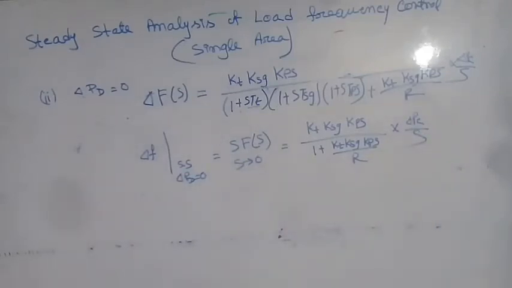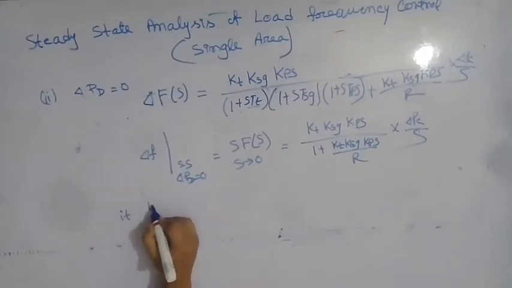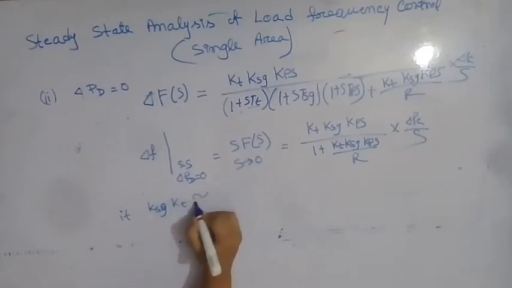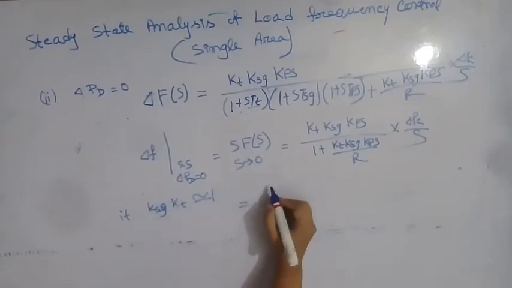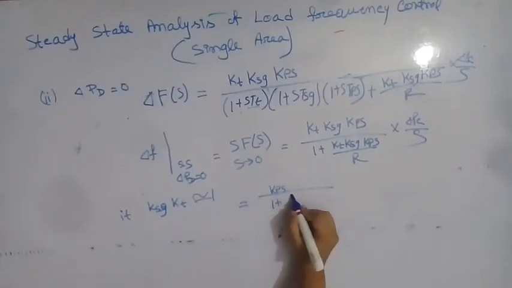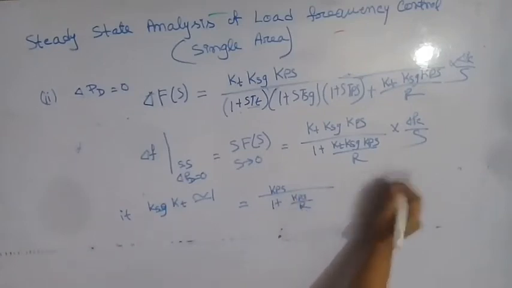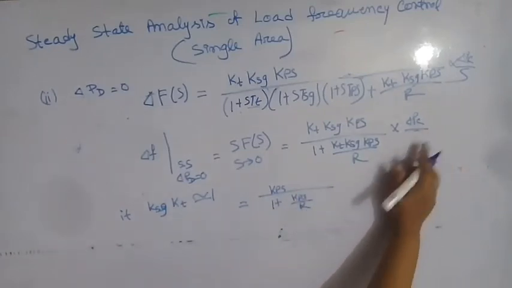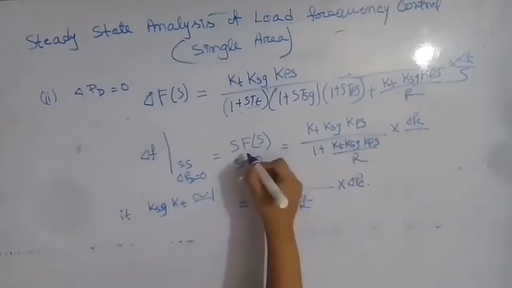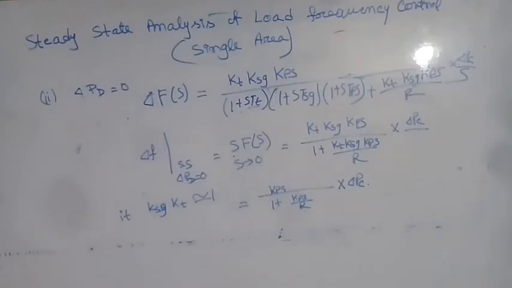The terms 1 plus S T become 1 because S is 0. Now if KSG KT is almost equal to 1, then it is KPS by 1 plus KPS by R into delta PC, as S is multiplied on the left hand side.